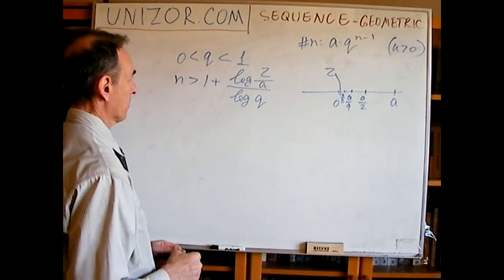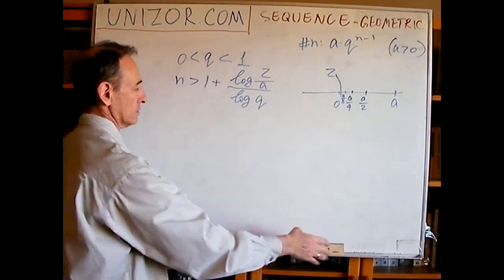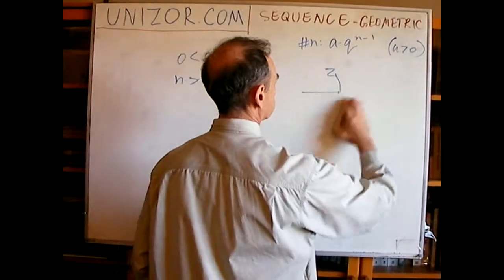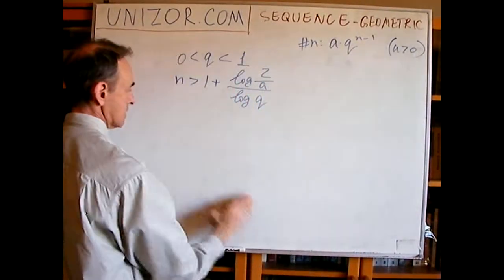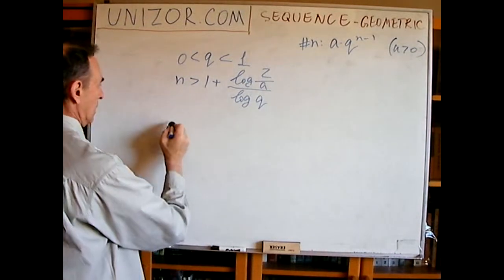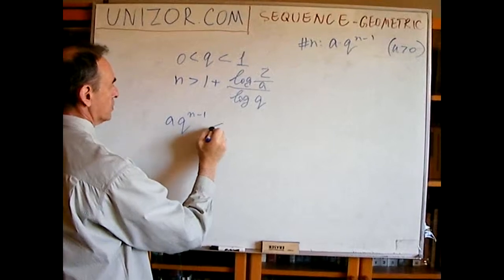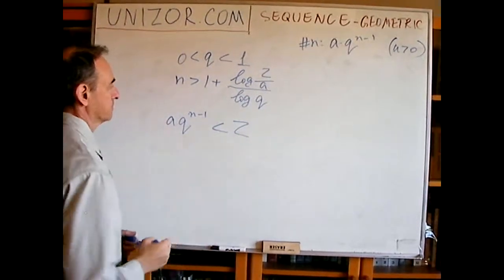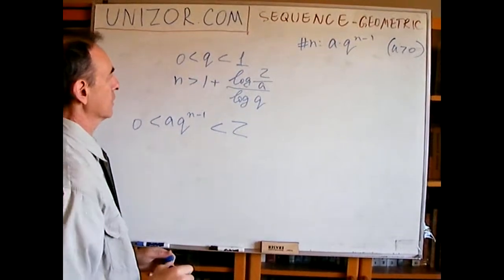Okay, now let's consider a different case, when q is greater than 1. So here we can say that a q n minus 1 would be smaller than z, and obviously greater than 0 because everything is positive here.